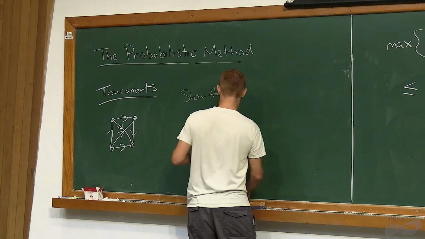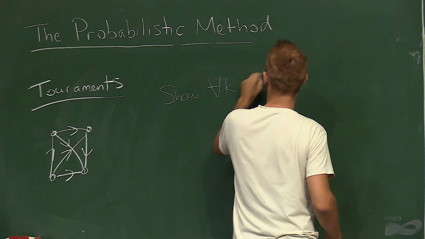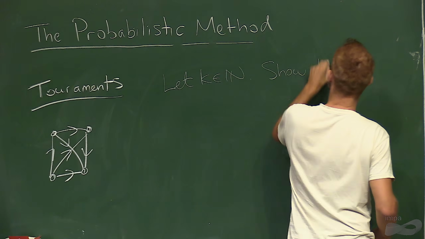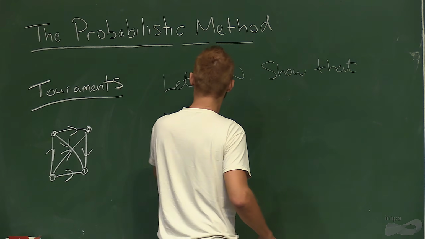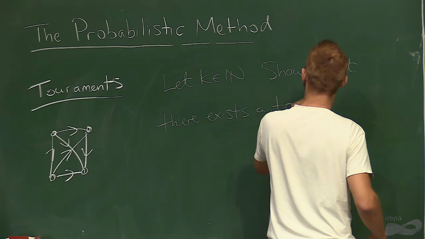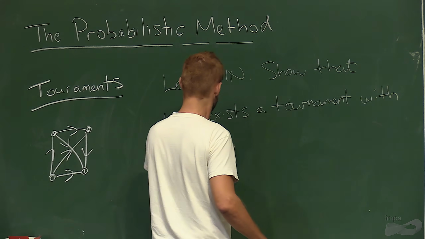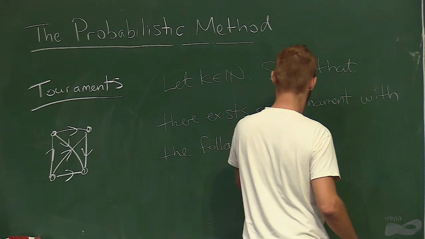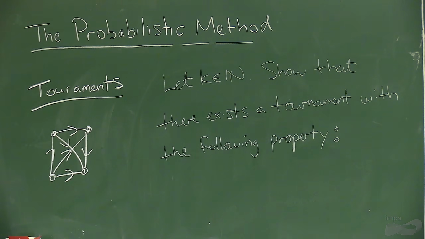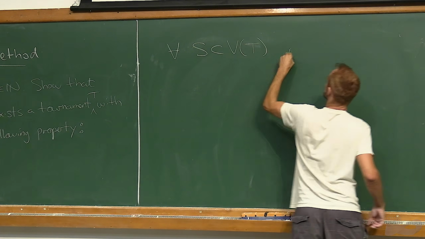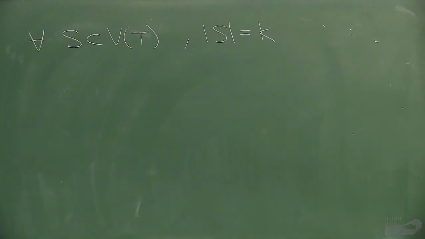Show that for each k, let k be just some integer, anything, there exists a tournament T with the following property: for every subset S of the vertices of size k, there exists a vertex that beats everyone in S.